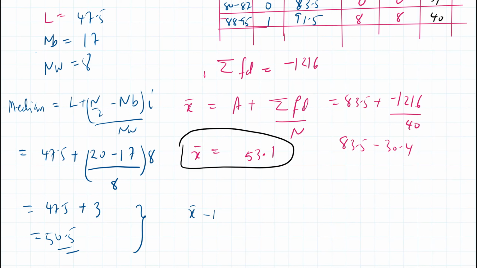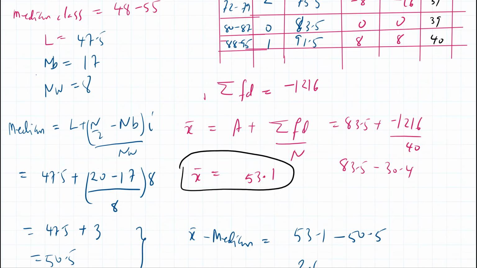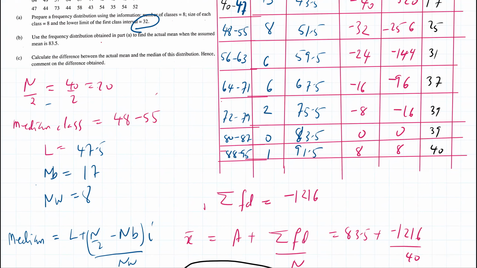So mean minus median is equal to 53.1 minus 50.5, which gives 2.6. We're supposed to calculate the difference, and we have already calculated it. Now we're supposed to comment on the difference obtained.